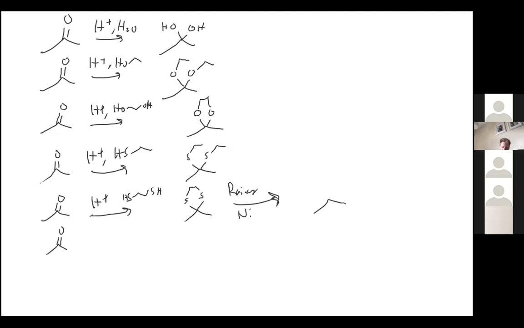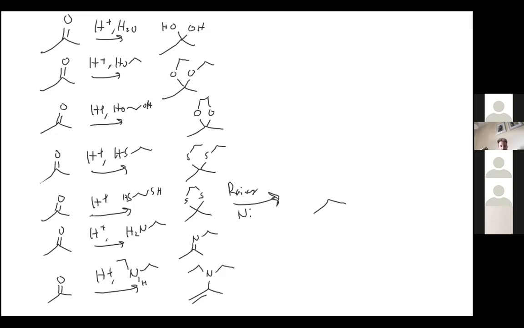H plus and a primary amine can make an imine, and then H plus and a secondary amine can make an enamine here.